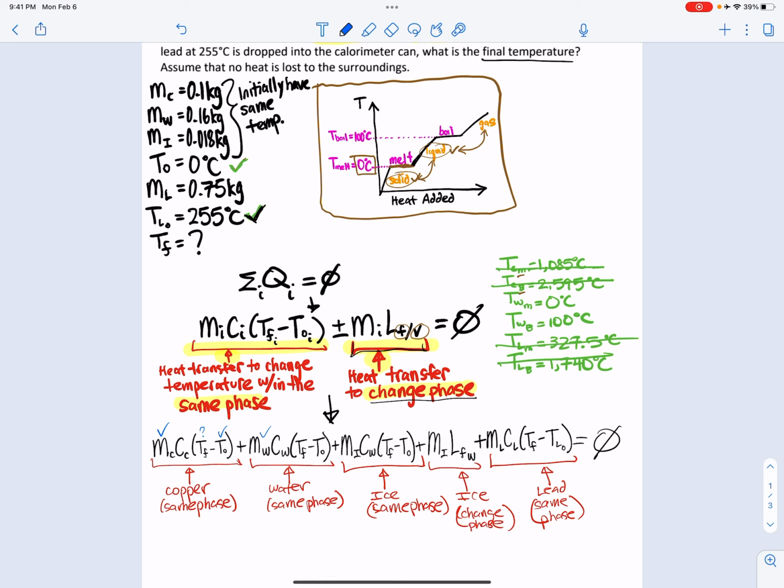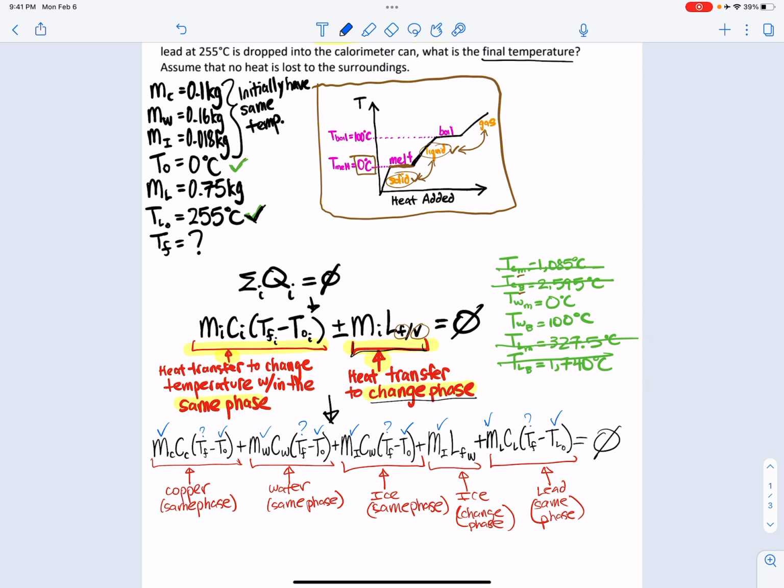We know the mass of water. We want to know TF. We know T naught. We know the mass of ice. We want to know TF. We know T naught. We've got the mass of ice. We know the mass of lead. We want to know TF, and we know the initial temperature of lead.